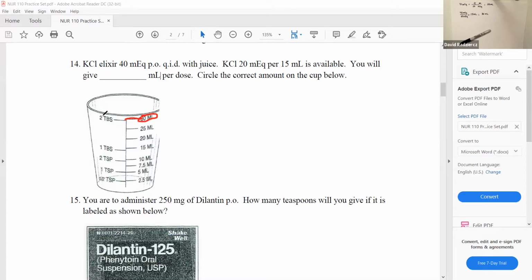At least it looks like on the key for the practice sets, they create a box. I don't know if you're supposed to draw an object over top of where that is, at least in that range that you're highlighting, and drop it into place; my guess is that's what they're having you do. And that's fine too. But if we're on a paper test, you circle it, you mark across the cup, or even just mark at the 30. Don't even worry about the tablespoons over here. Try not to worry about that, because they're there, but.